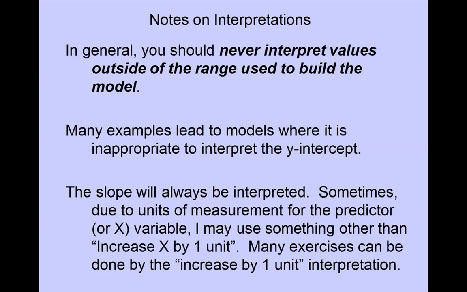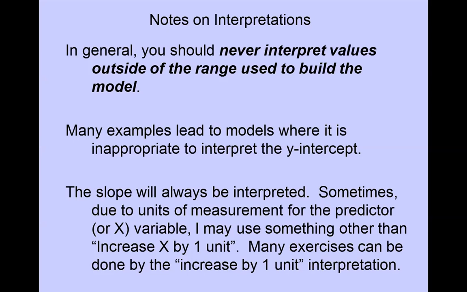If you were looking at gas mileage for cars and basing it on the weight carried in the vehicle, you don't want to increase the weight just by 1 pound because that's such a small difference, but you may increase it by, say, 120 pounds or 150 pounds, which might be like carrying another person in the car. So having an additional person in the car, how would that impact gas mileage?